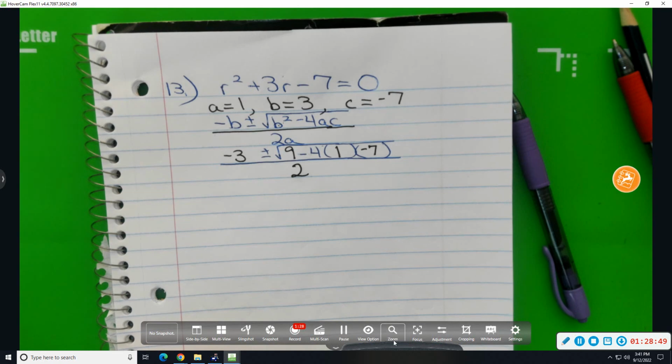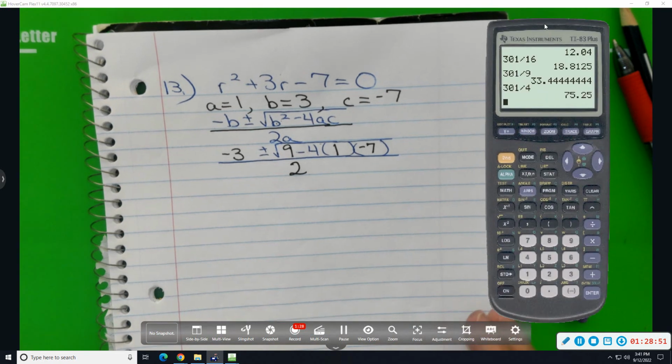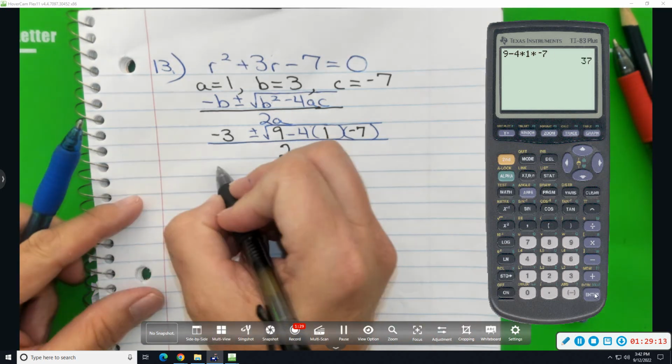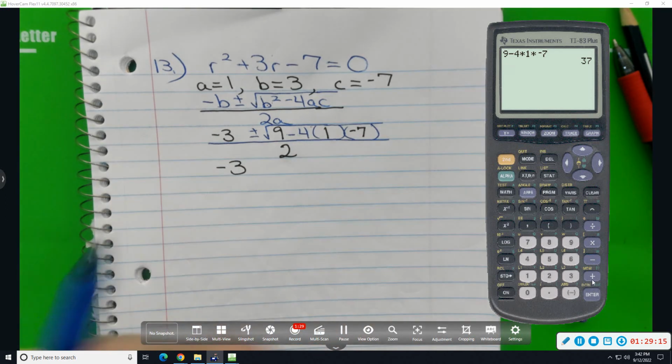So far there's nothing unusual about it. Let me pull up my calculator and punch it in. 9, subtract, that's the blue minus, 4 times 1 times a negative, that's this symbol, 7, enter, 37.